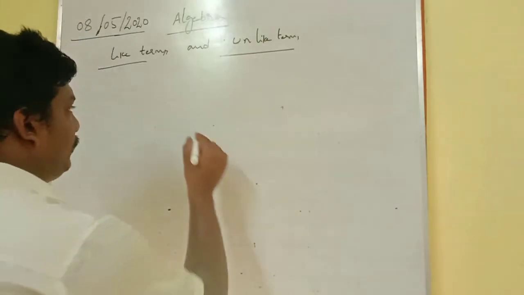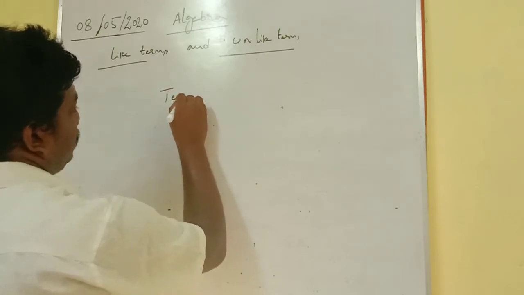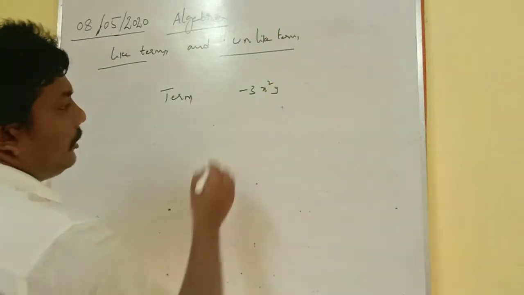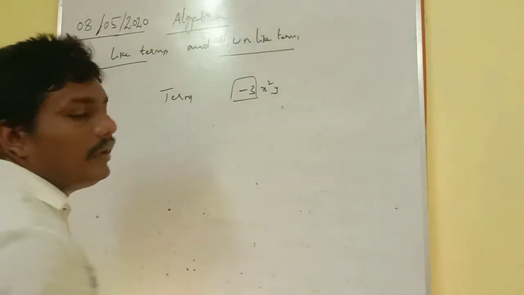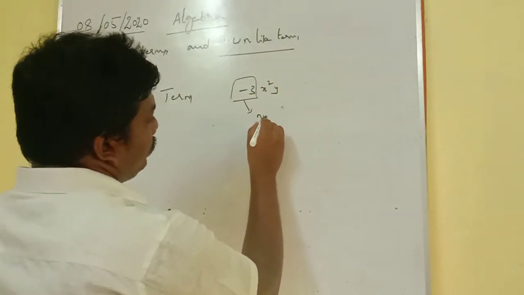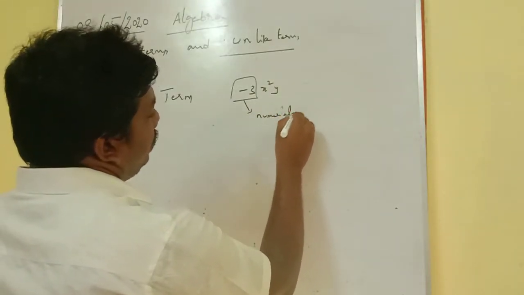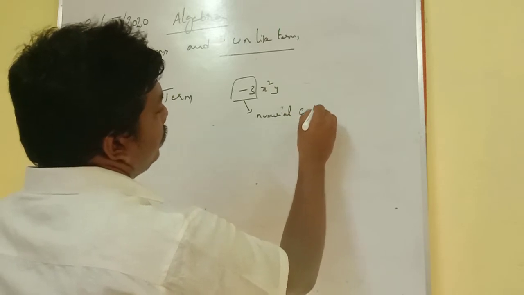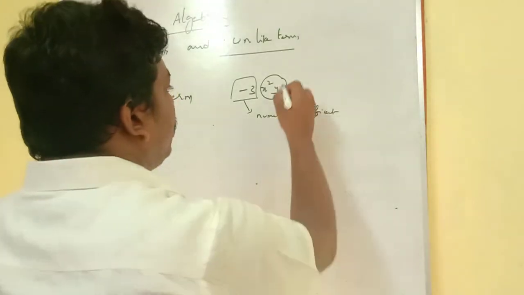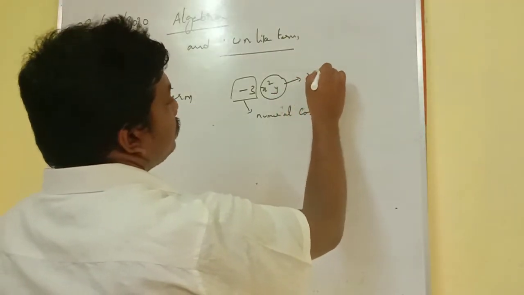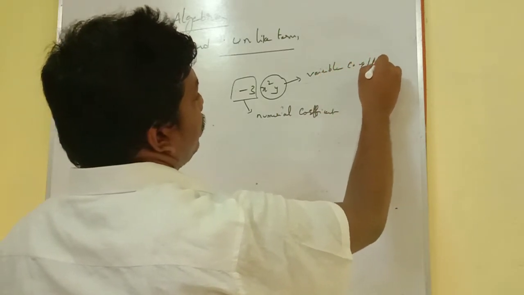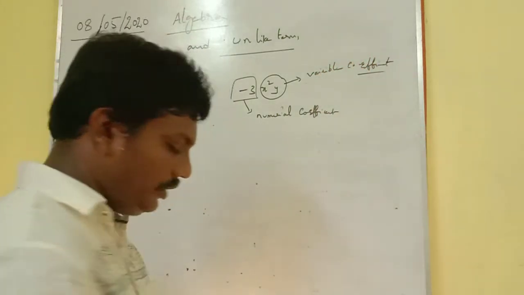Variable coefficients. Suppose a term is minus 3x²y. Here minus 3 is called the numerical coefficient, and x²y is known as the variable coefficient.